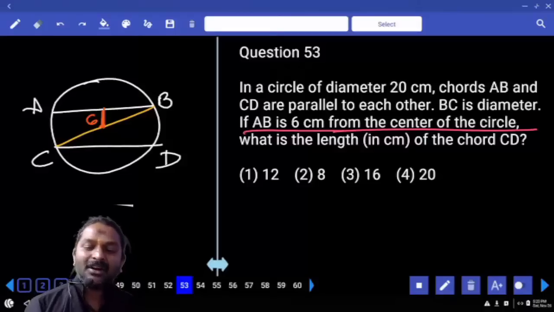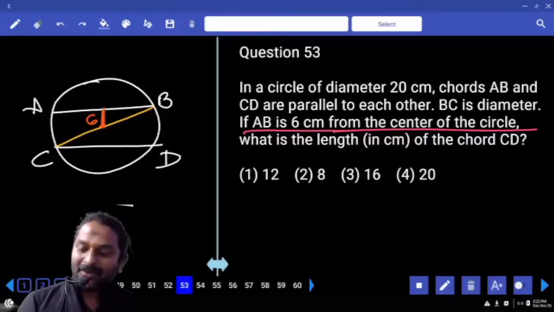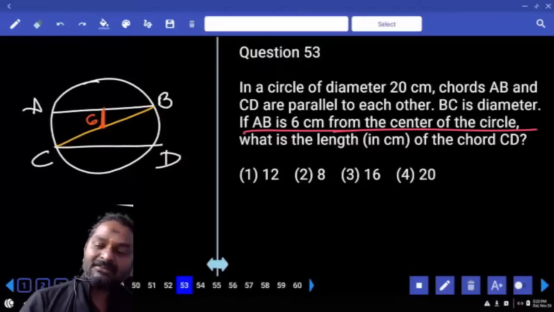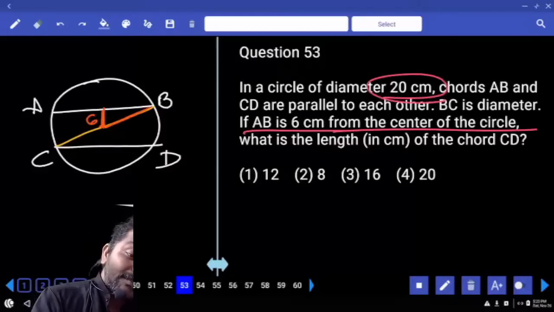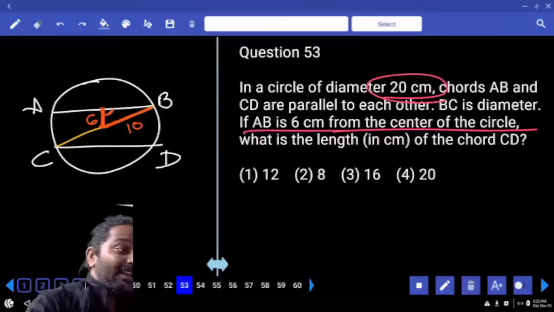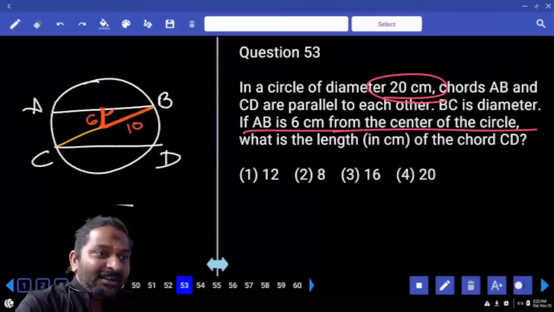What is the length of the chord CD? Now when you look at this, you also have diameter which is equal to 20 centimeters. Then radius becomes 10, right? The line joining the chord and the center forms an angle of 90 degrees with the chord.